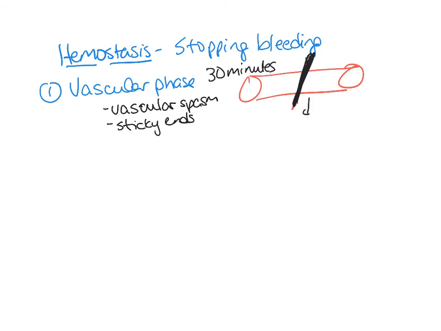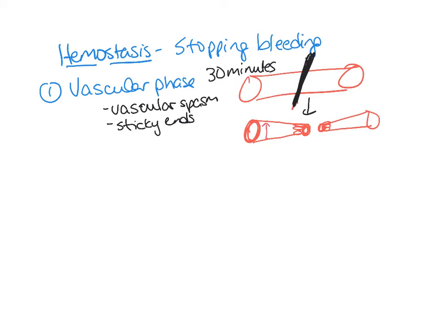Let me just show you what's going to happen here. The vascular spasm means that right where that blood vessel has been cut, the smooth muscles in the walls of the blood vessel are going to contract and make that hole much smaller than it was originally. That's what we call vascular spasm.